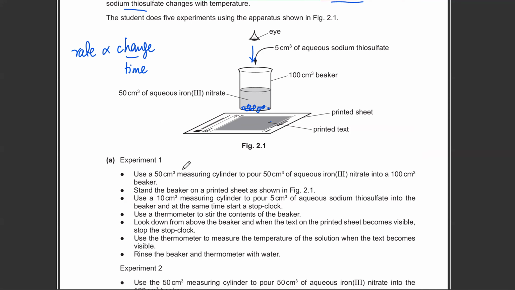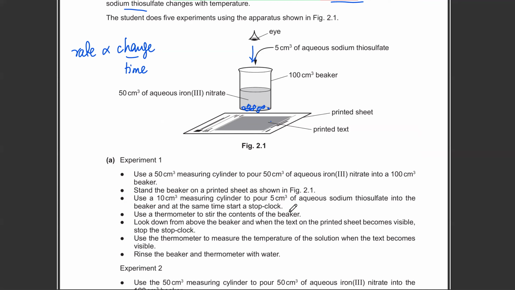Anyways, he does the experiment: a 50 cm measuring cylinder to pour iron nitrate into the beaker, this 50 cm. Stands the beaker on the printed sheet, uses a 10 cm measuring cylinder to pour, then adds 5 cm from that measuring cylinder.